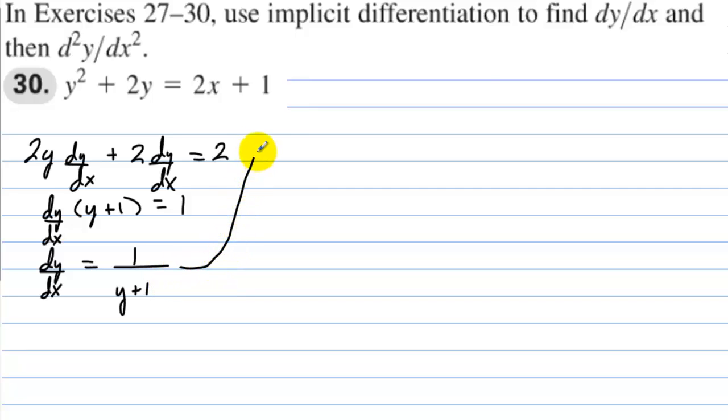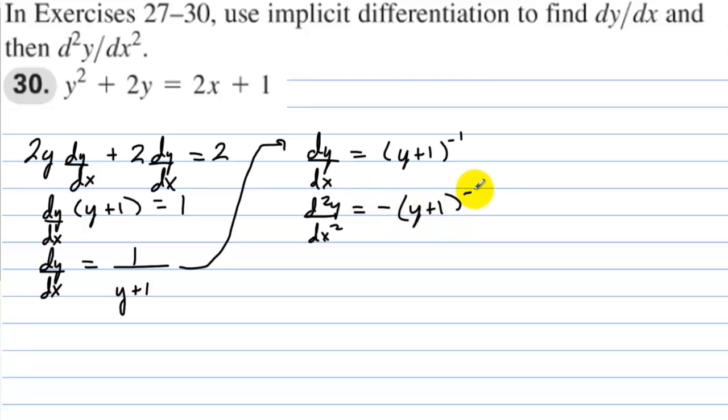Now we can write that as dy/dx is equal to (y plus 1) to the negative 1. And that'll help us when we take the second derivative. Now we have d2y/dx2 is equal to negative (y plus 1) to the negative 2, times dy/dx.